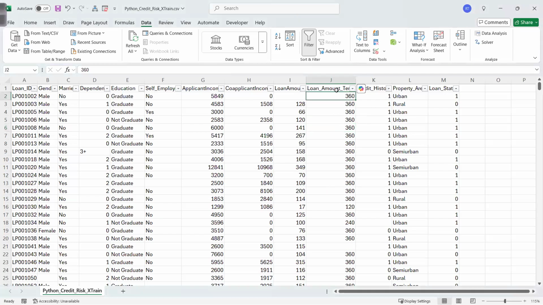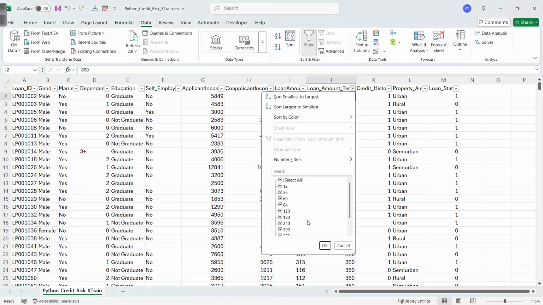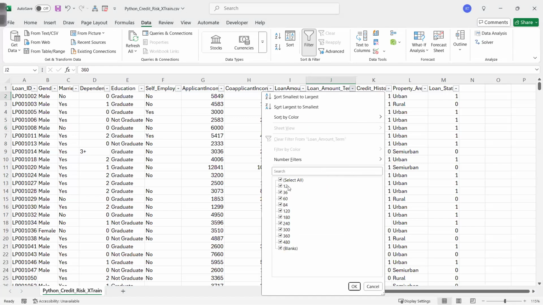Why am I considering loan amount term as categorical data? Because if you see the term, it's a fixed term. The term which you can see here is a fixed term. 12 months, that is 1 year. 36 months, that is 3 years. 60 months, that is 5 years. 84 months, that is 7 years, and so on and so forth, right?